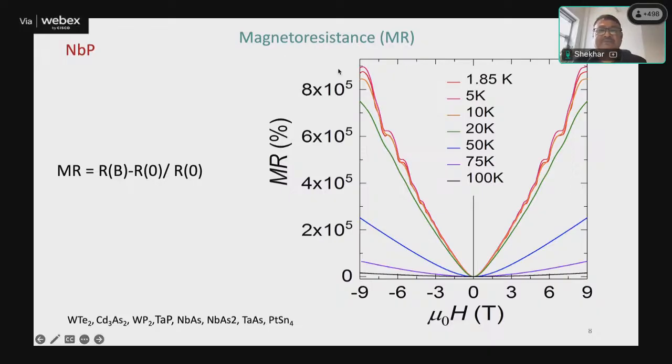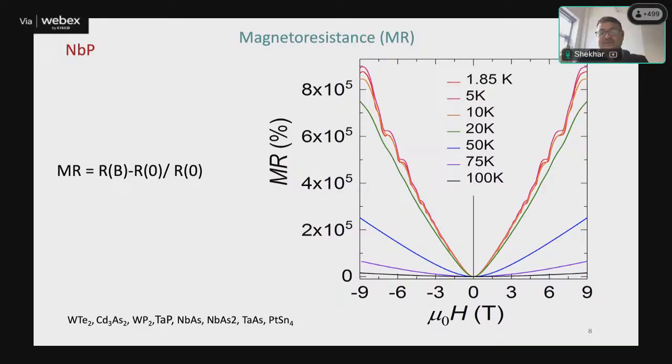We can see millions of percent magnetoresistance at 9 Tesla. When you measure at 70 Tesla, it is still going upward and does not saturate anywhere up to 70 Tesla. So what is the origin of this magnetoresistance? Why is this material so sensitive to the magnetic field?